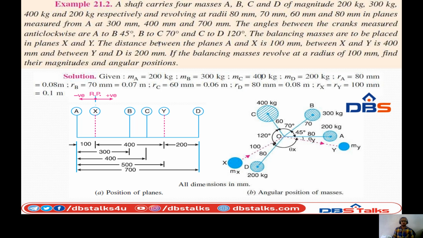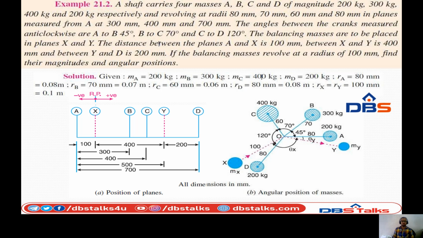Then draw a horizontal line and make vertical lines of equal values as given in the question. So don't assume the values, just take the values from the question itself.